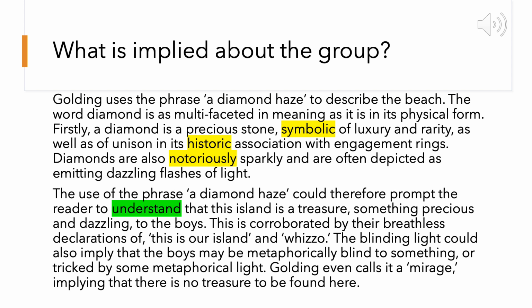And then I've doubled up in the second part with a potentially negative idea linked into the idea of this metaphorical blindness. So maybe this diamond haze is dazzling them to the point where they might think that this island is better than it actually is going to be.